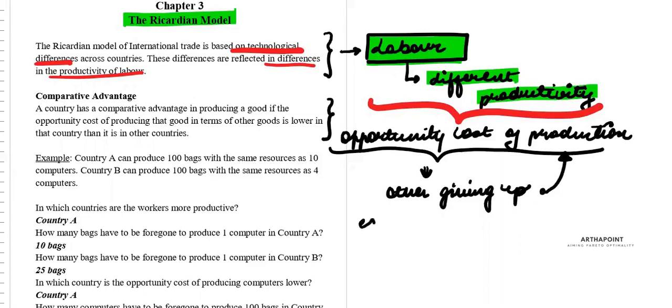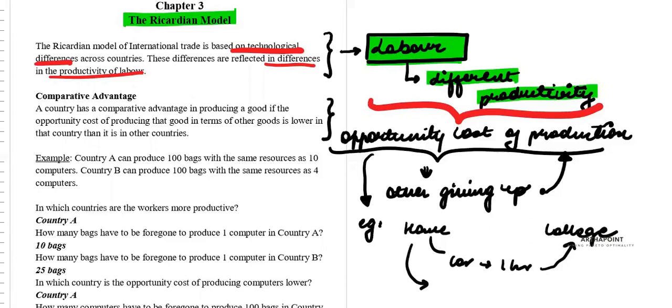Let's take an example. Let's give an example of opportunity cost first. Let's say that I am going from my home to my college in a car, and it is taking me 1 hour.